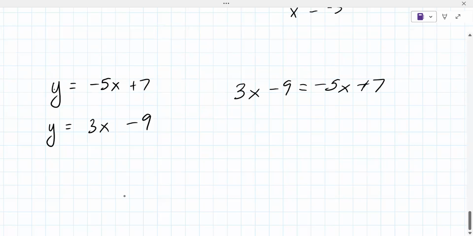So negative 8x plus 7 equals negative 9. Yes, okay. And then subtract 7, negative 8x equals negative 16.